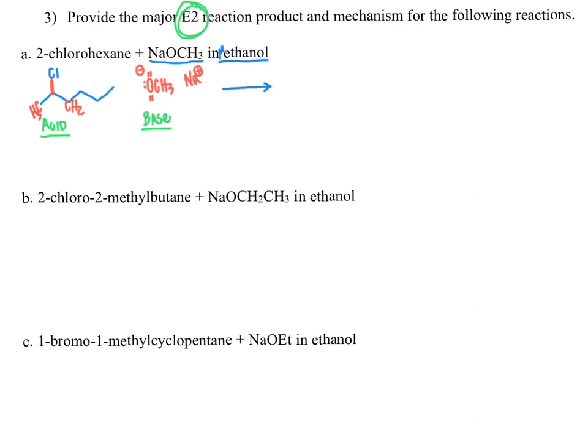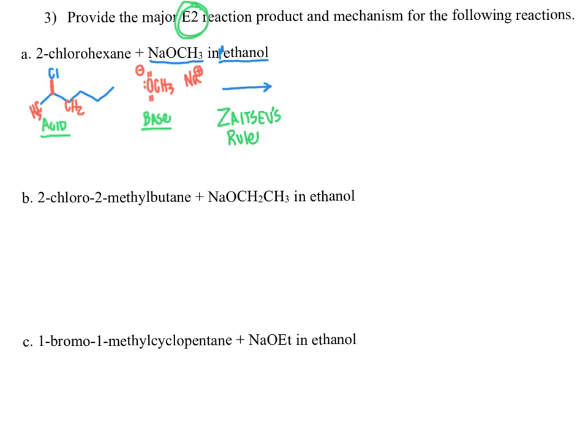We always want to follow Zaitsev's rule whenever doing an elimination reaction. Zaitsev's rule says that the preferred product of these reactions, the major product of these reactions, is going to correspond to making the most alkyl substituted alkene product that we can.